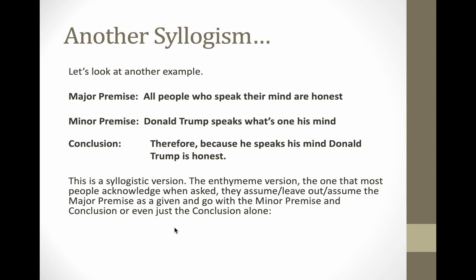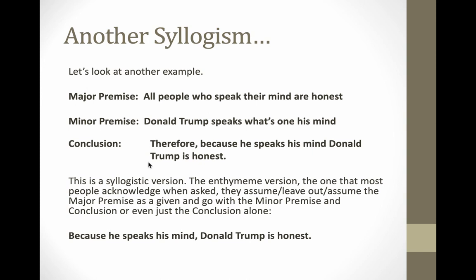The enthymeme version, one most people acknowledge when asked. They assume, or leave out, the major premise. Okay. A lot of people who voted for or supported Donald Trump had that major premise here as an assumption in their head. That somehow because he spoke his mind, he was being more honest or more genuine. Okay?